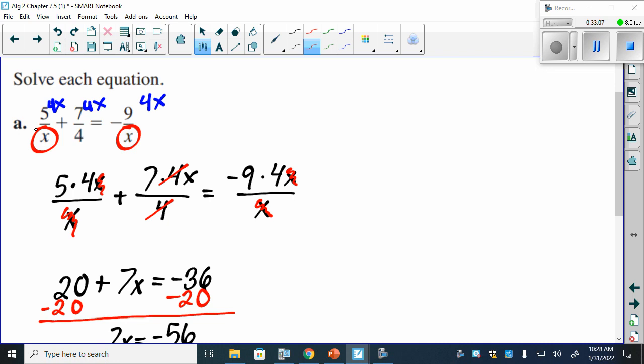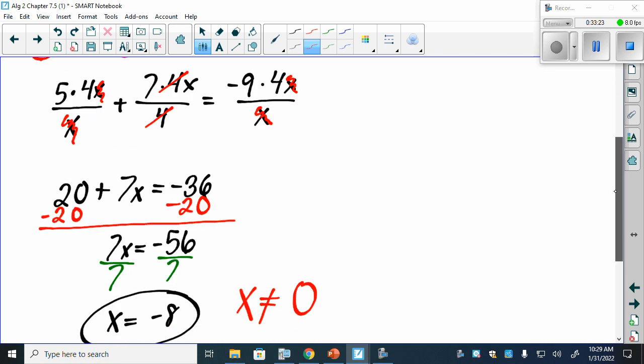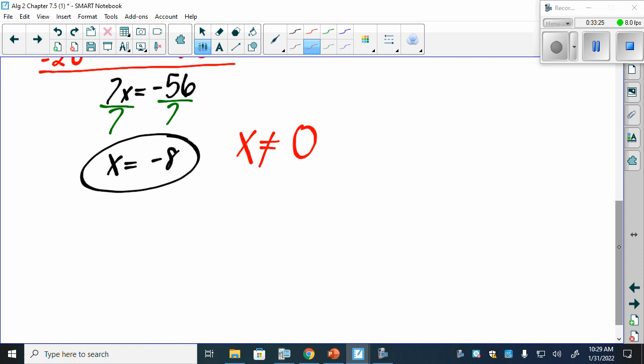Now the 4, since it doesn't have a variable with it, we don't have to do anything with that part. So the only two we're looking at is our x and x. Since they're by themselves, they don't have addition or subtraction with it, it's just going to be 0. And well, negative 8 is definitely not 0, so that is our solution.